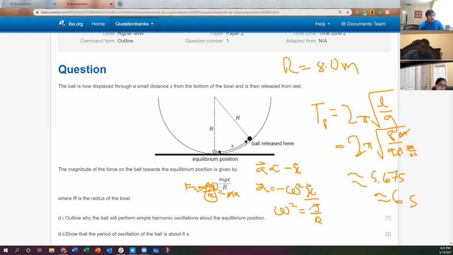That means omega equals square root of g over r. By definition, the period is 2 pi over omega, so that would be 2 pi square root r over g, which is exactly where this formula comes from. If you don't know this formula, this is how to derive it.